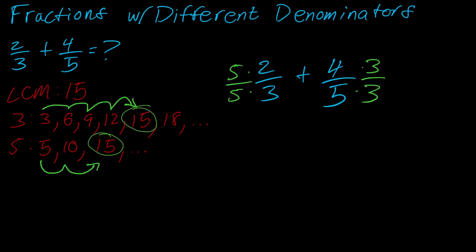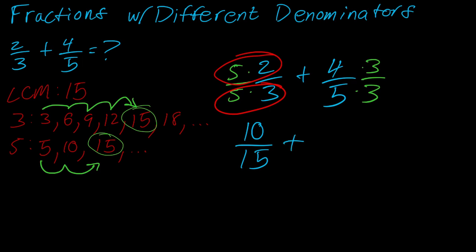Now that we have all of our operations set up, we are going to multiply across the top for the first fractions, or the first pair of fractions. So 5 times 2 gives us 10 over 5 times 3, which gives us 15. Don't forget your addition operation.